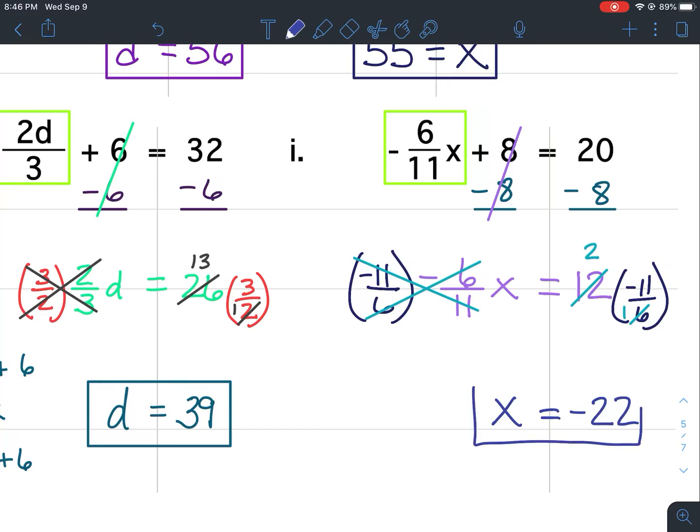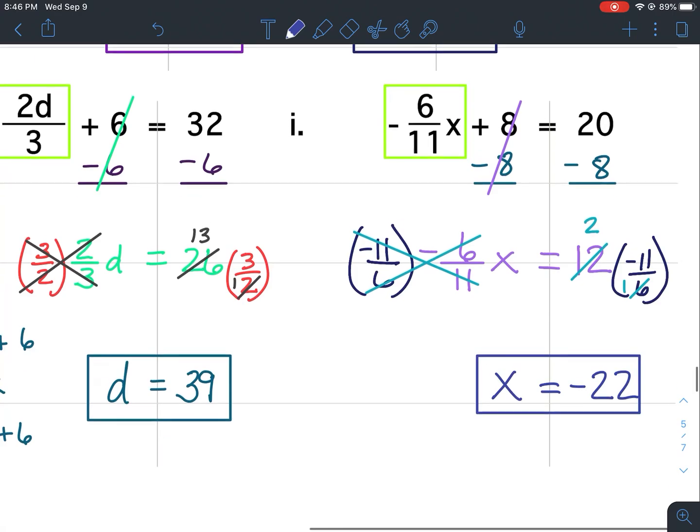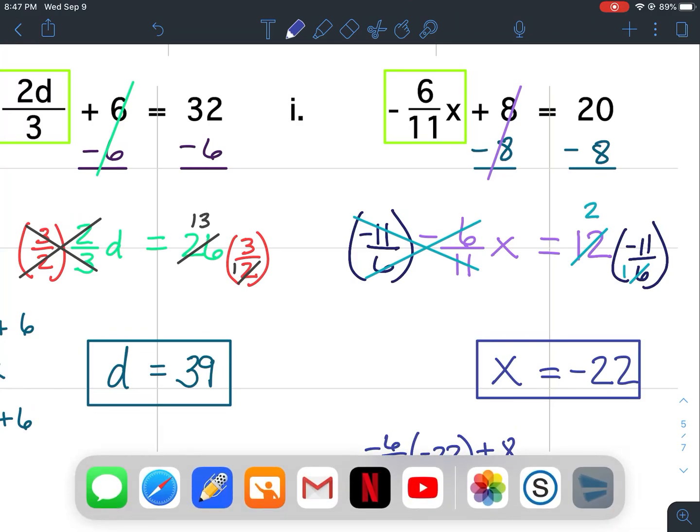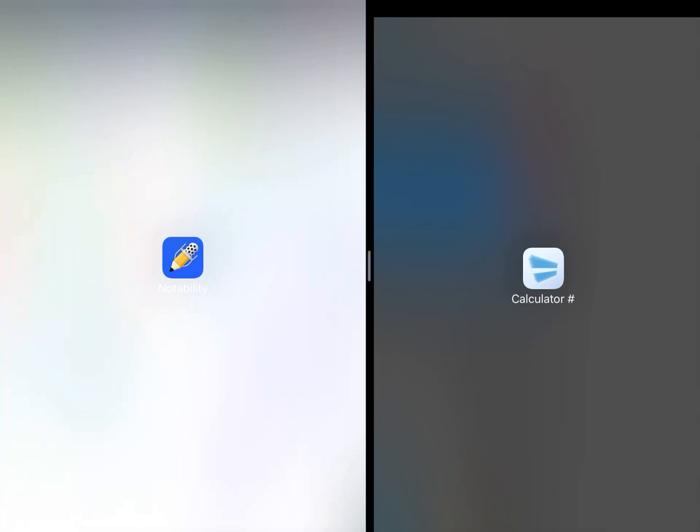All right, so to check your answer, you would put -6/11 times -22 plus 8 into your calculator. So I'm going to check this one. Since we went through the rest of them, I'm going to go ahead and check this one.